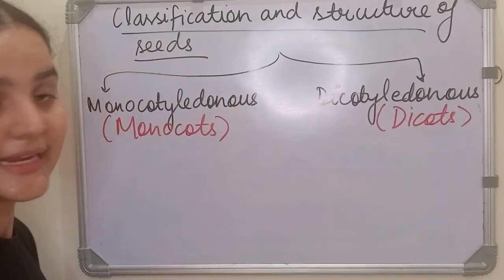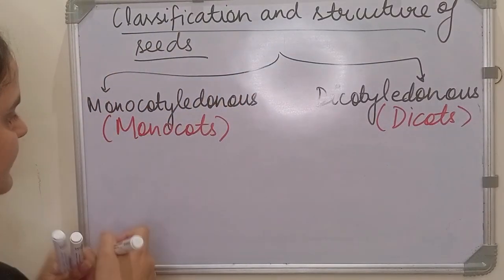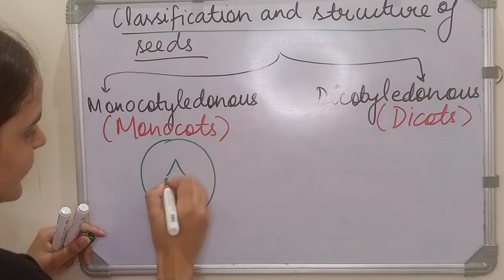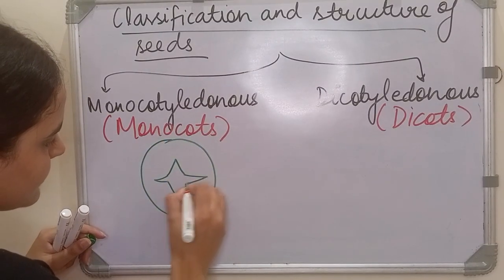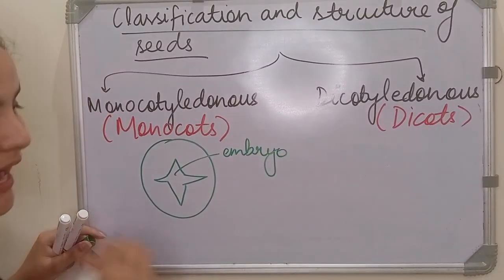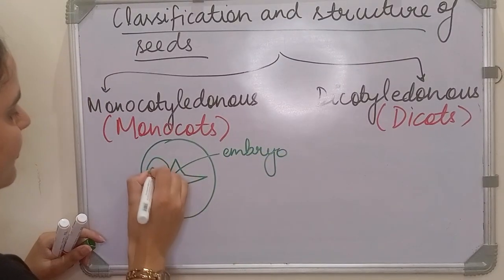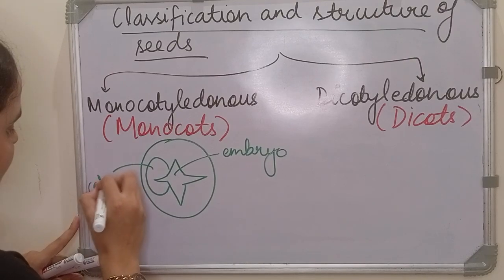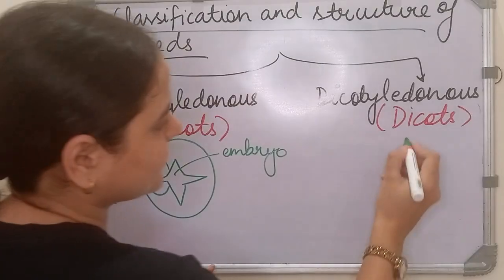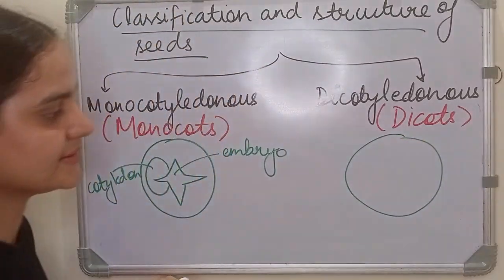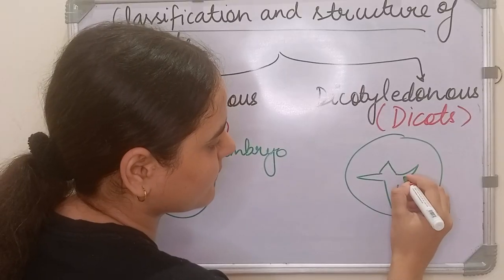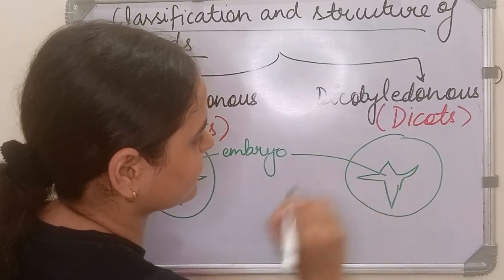Now, let's draw to understand it in a better way. This is the seed. Inside seed we have embryo. Around the embryo just one cotyledon is present.